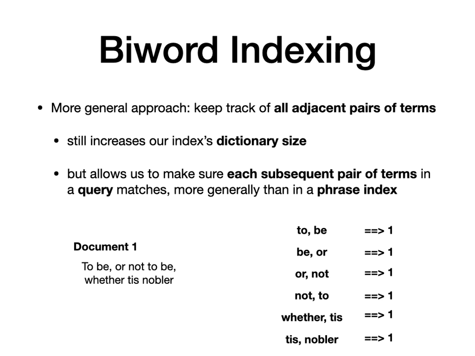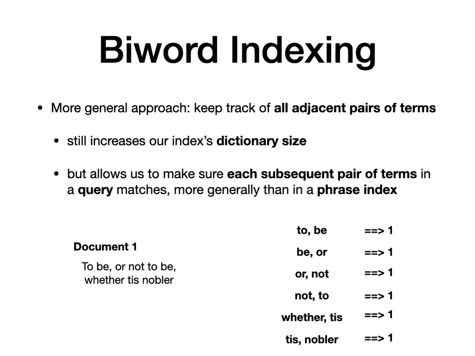But this lets you make sure all of the individual pairs of words occur in the document in that order, mostly. So, to be or not to be, whether it is nobler, etc. To be, or not to.